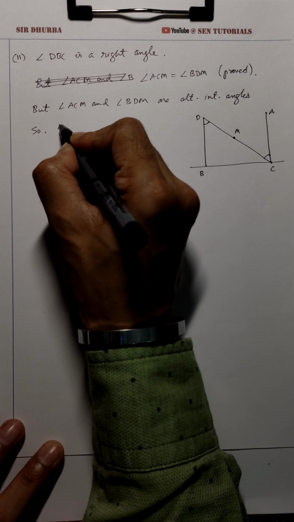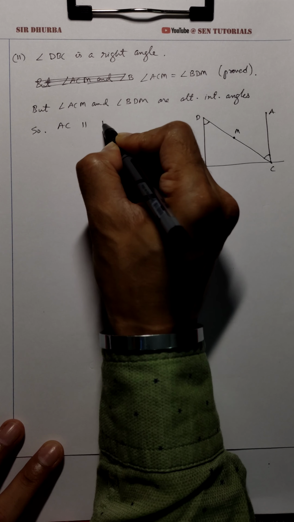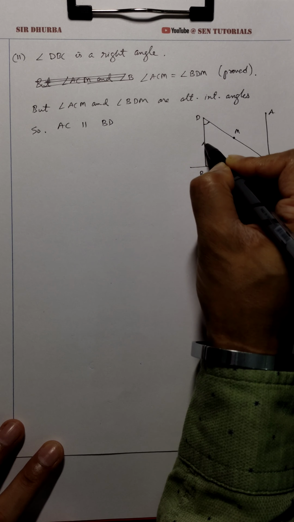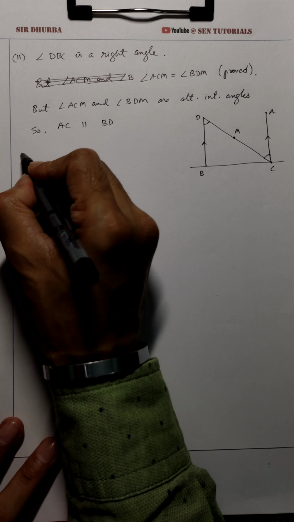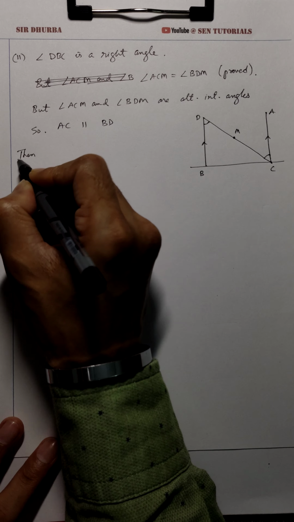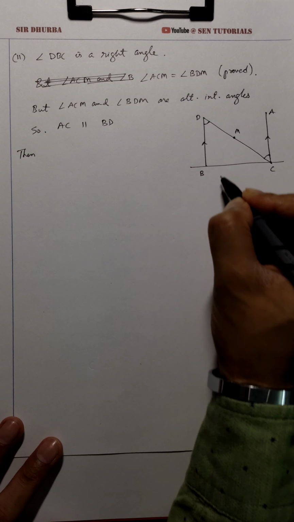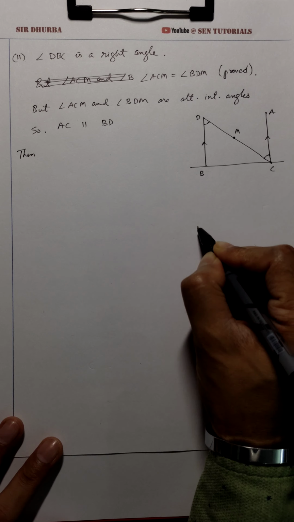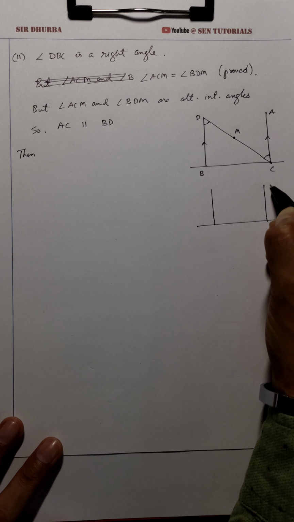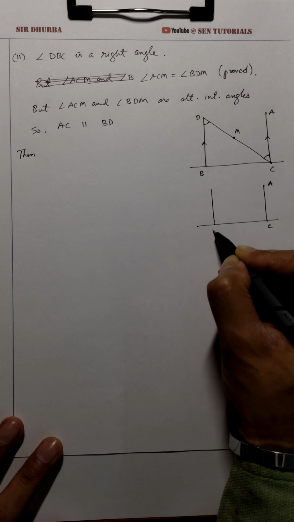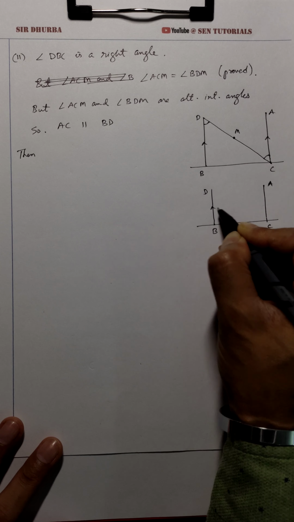So what will happen is AC becomes parallel to BD. No question about that. Then I'll draw that figure once again. Since those two lines are parallel, that is AC and BD, so these two lines are parallel.